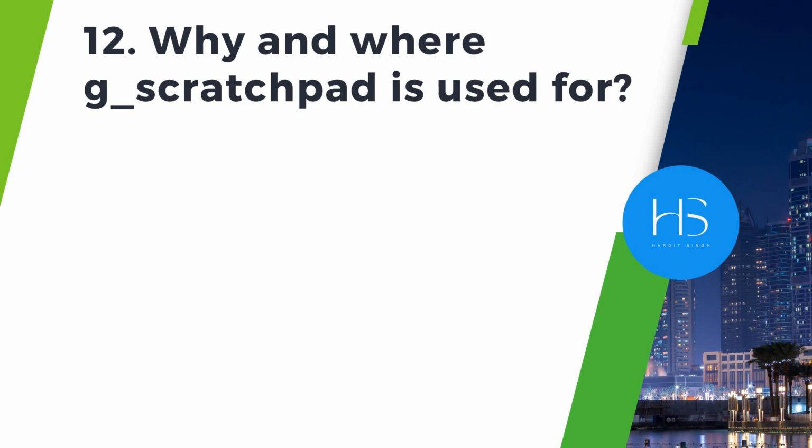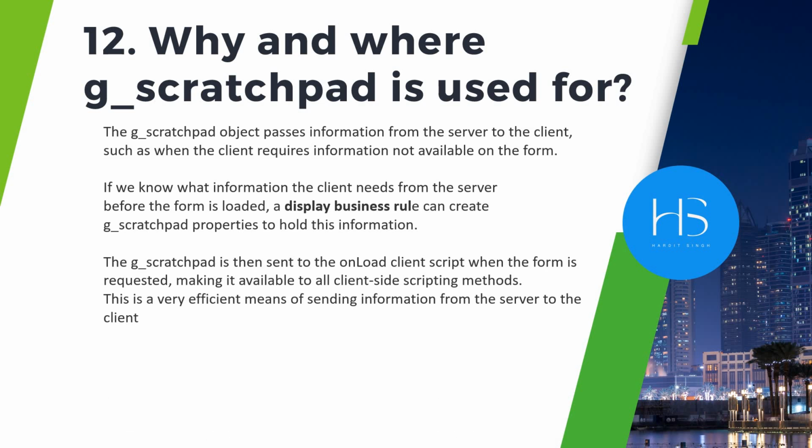Next is the 12th question: why and where is g_scratchpad used? If you are an intermediate or a pro ServiceNow developer, this question is definitely asked to you. The g_scratchpad object passes information from server to the client scripts.